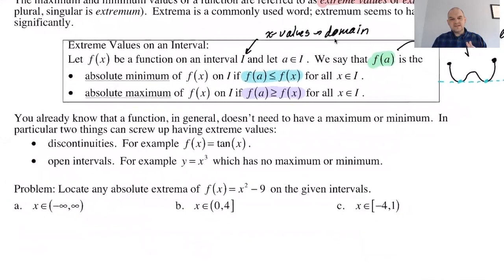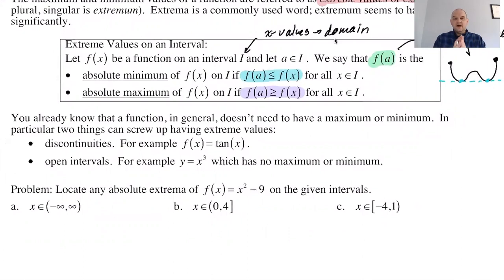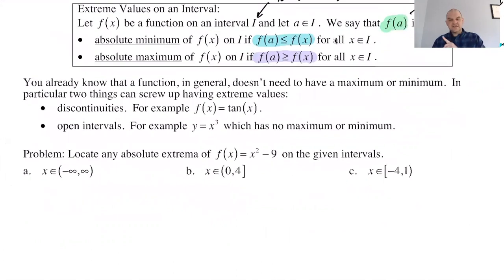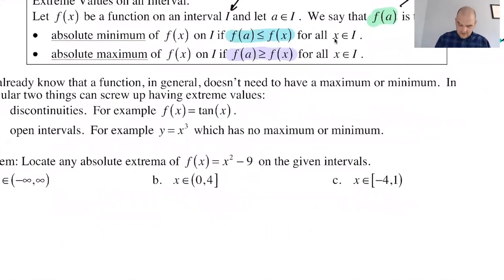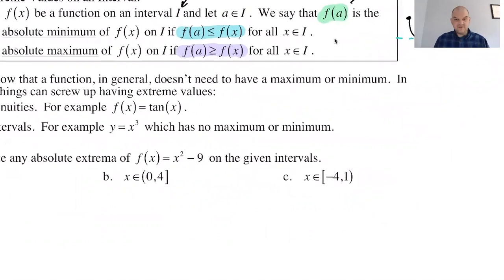So there are two things that can really mess up whether or not you're going to have an absolute maximum or an absolute minimum. And those two things are as follows: discontinuities. A discontinuity could prevent, it doesn't need to, but it could prevent you from having an absolute max or an absolute min. The example I've given here is tangent, right? So think about the graph of tangent.